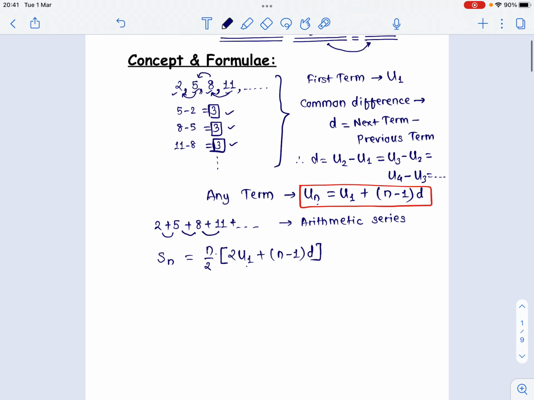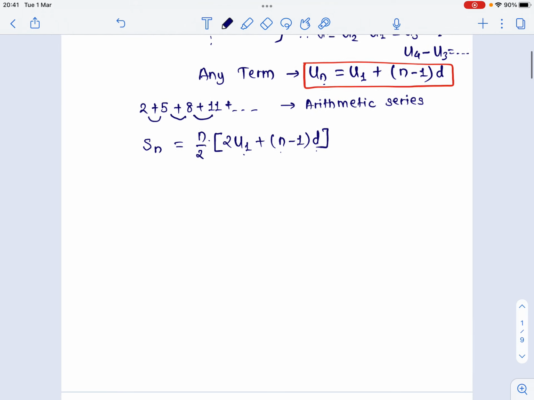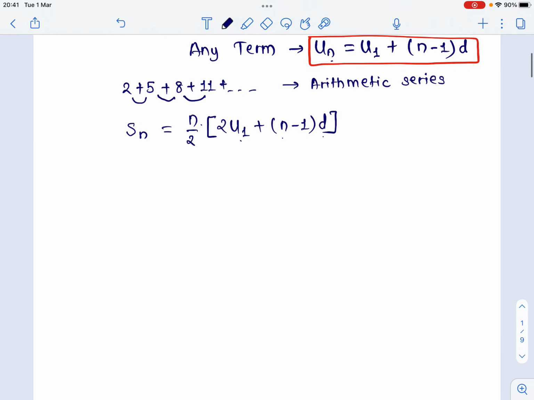And the difference we find because it is given, which is 2 plus 5 plus 8, so the difference is 3. So when you know all terms on the right hand side, you can find the sum of 100 terms, sum of 50 terms, or whatever number of terms they are asking.